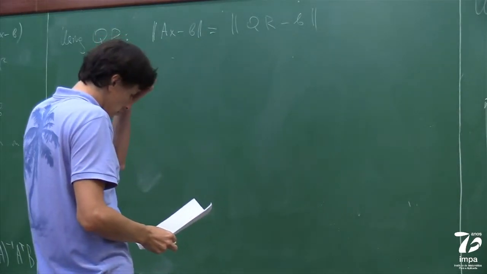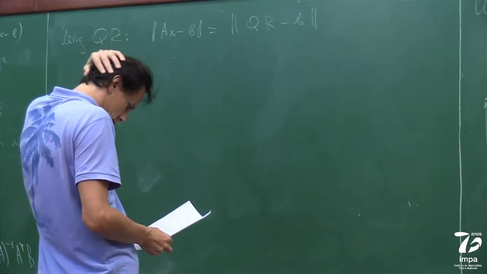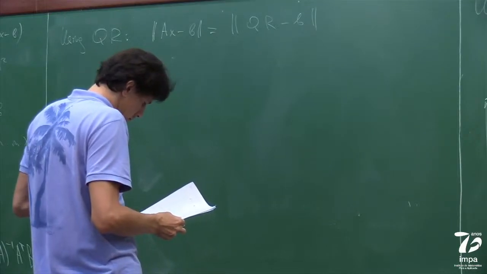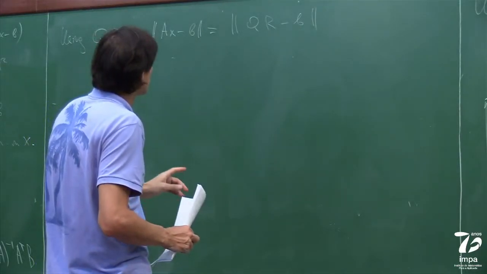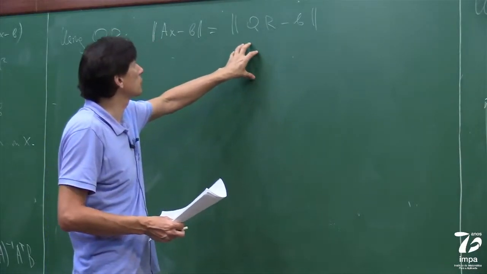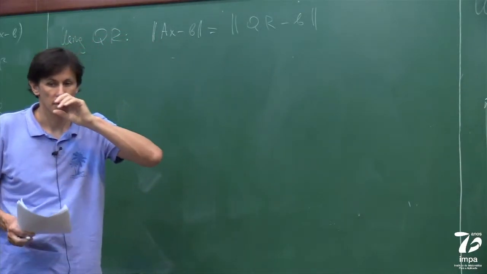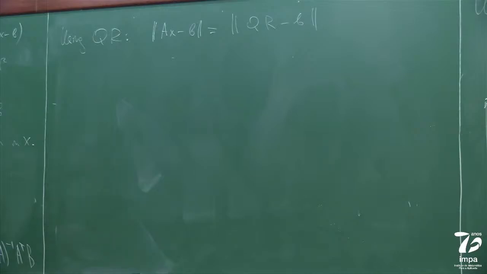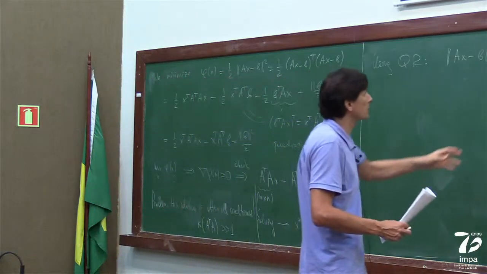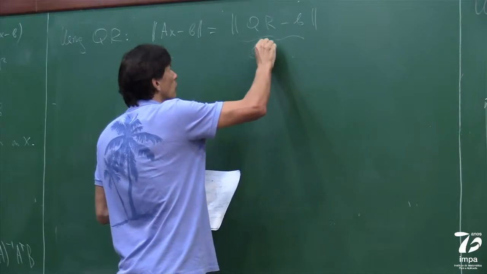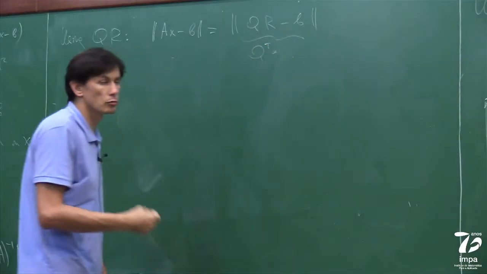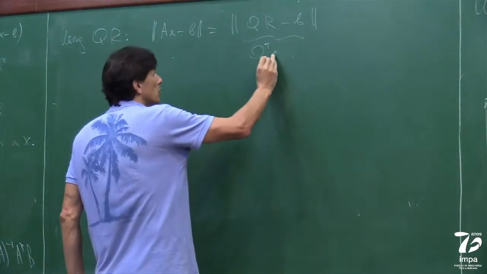Now remember that Q is an orthogonal matrix, exactly the matrix from linear algebra. We know that it's a matrix of rotation or reflection. It is an isometry; it doesn't change the norm. So we can multiply everything by Q transposed, and the norm will not change.